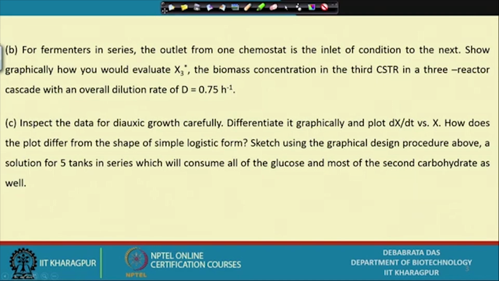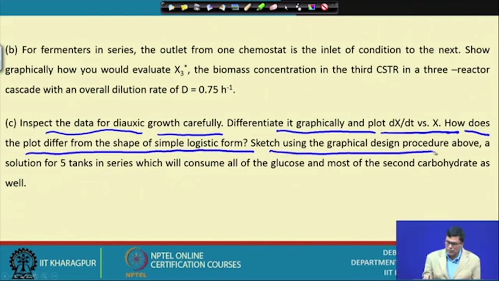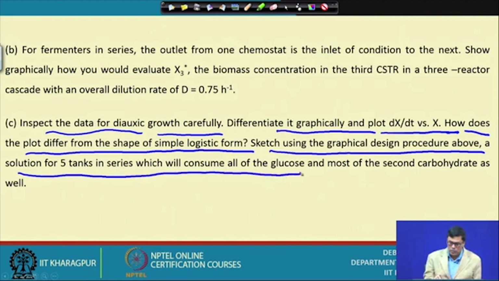Now the last problem: inspect the diauxic growth data carefully, differentiate it graphically and plot dx by dt versus x. How does this plot differ from that of the simple logistic form? Sketch, using the graphical design procedure above, a solution of 5 tanks in series which consume all of the glucose and most of the second carbohydrate as well.